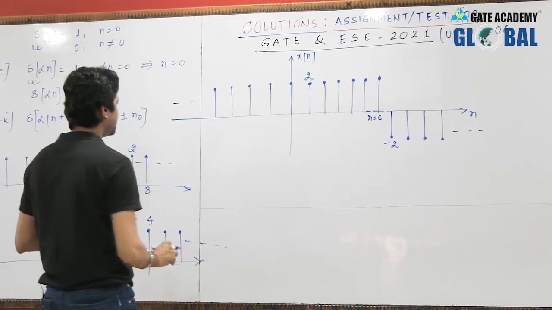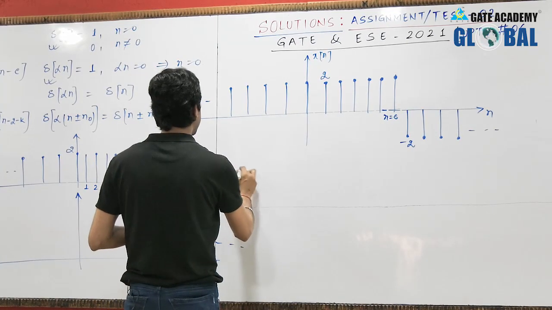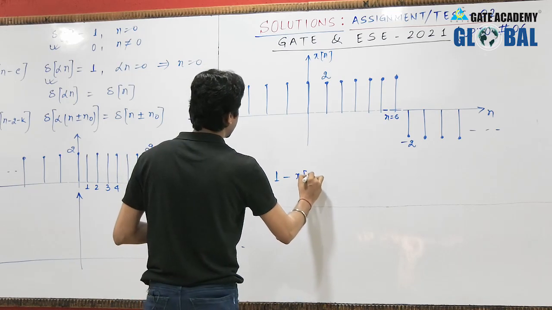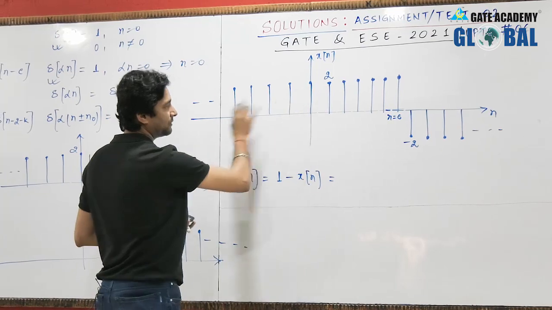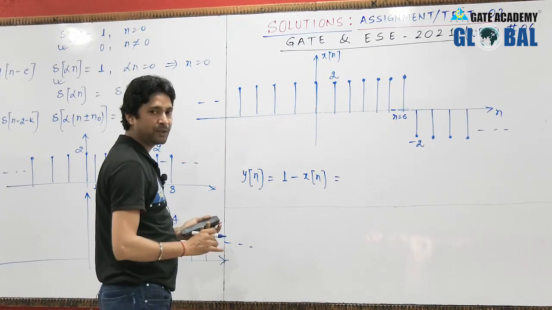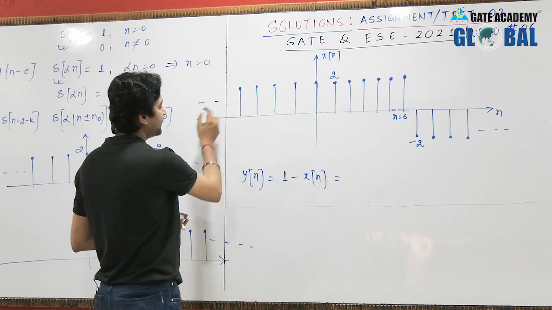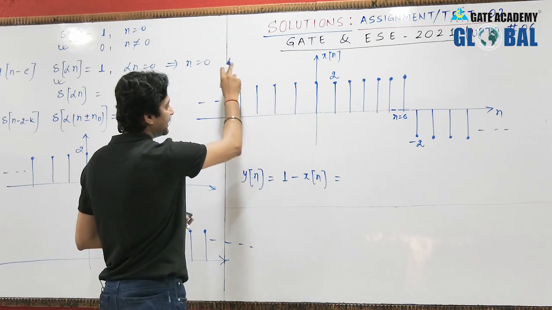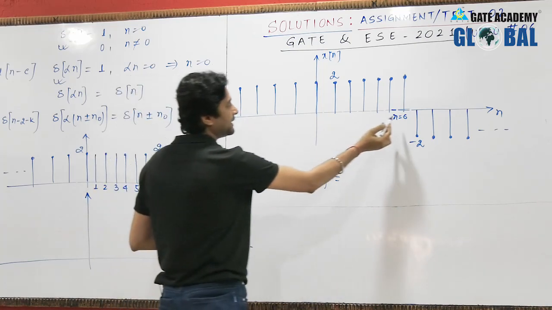Now, if you try to find signal y of n, then y of n is given as 1 minus this signal x of n. Constant 1 is a signal that has value 1 throughout, for n from minus infinity to plus infinity. So if you subtract x of n from 1, then 1 minus 2 is minus 1 from minus infinity to 6.